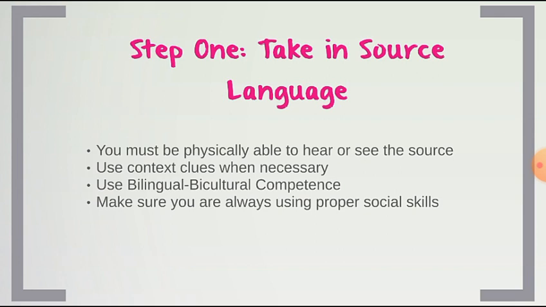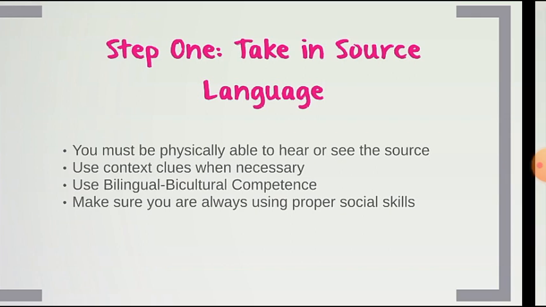You have to know both languages and both cultures. Fourth, make sure you are always using proper social skills. As we know, in interpreting we have to have listening skills, so you have to make sure your listening skills are good enough.